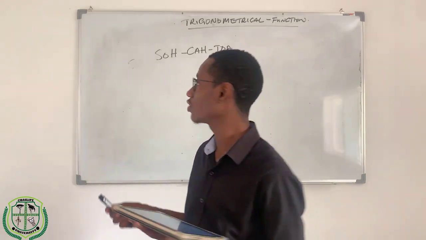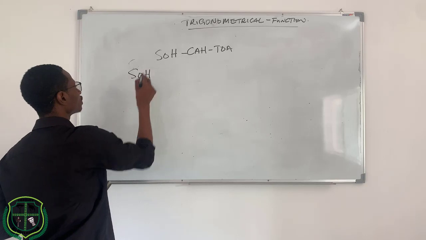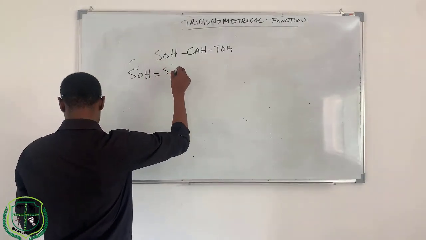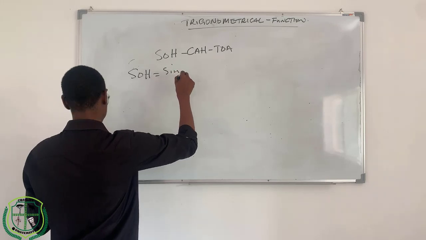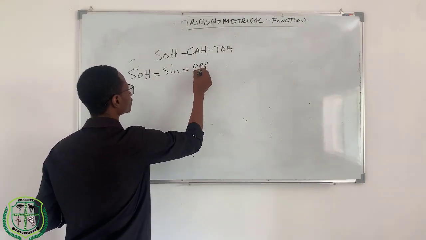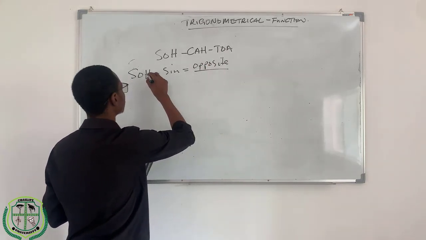Of course, we know that SOHCAHTOA stands for sine, which is equal to opposite over hypotenuse.